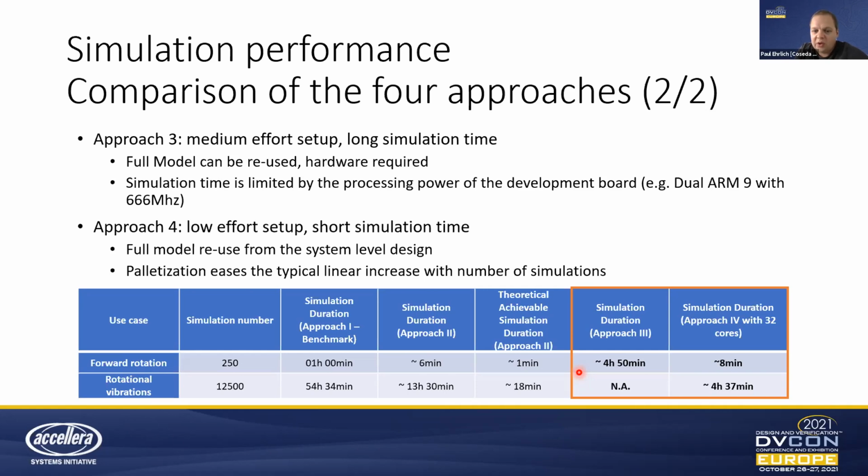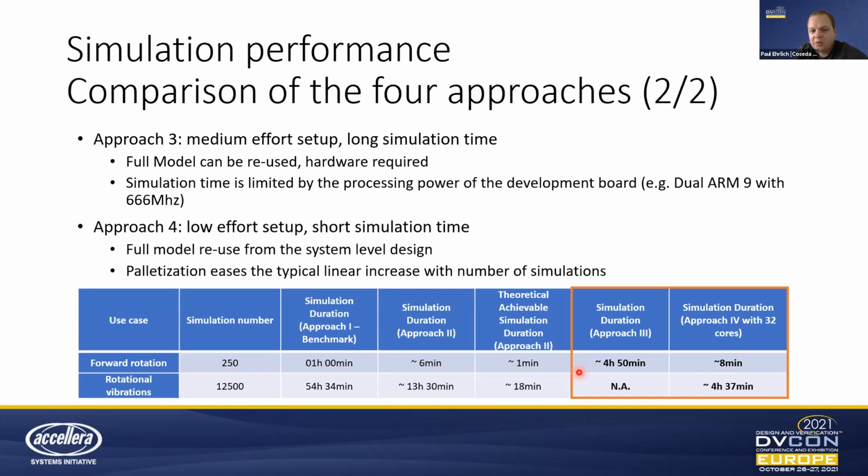If you do a back-of-the-envelope calculation, you would see that the 666 megahertz of the Zed board, compared to a full-blown x86 server processor, which has a frequency around 4 gigahertz and maybe a better architecture as well, is already a factor of 6 to 7. So we are not 6 to 7 times slower now. This shows that the digital part was offloaded, otherwise it would not reach that speed.